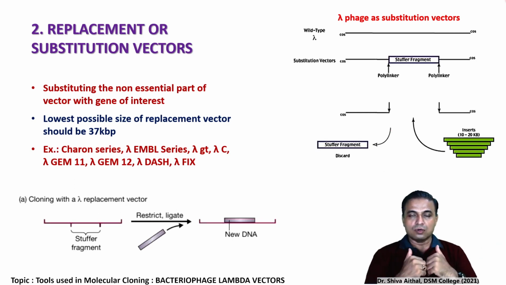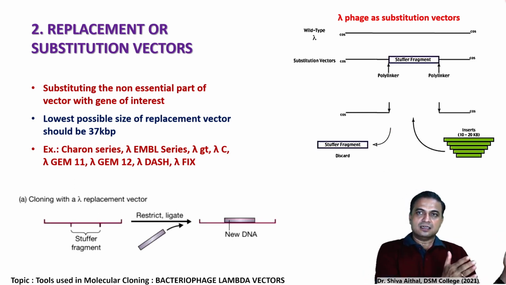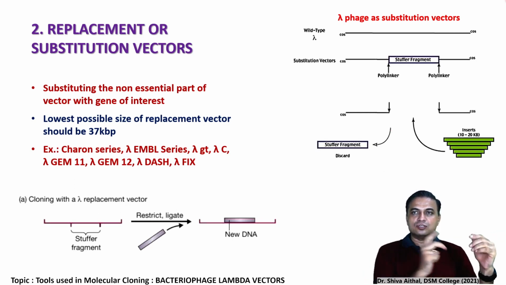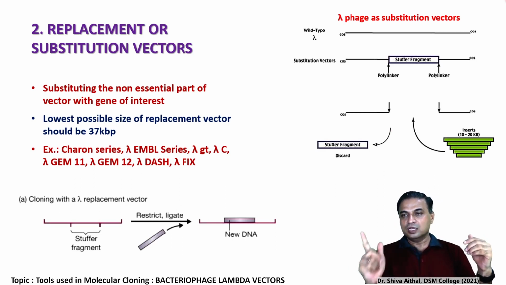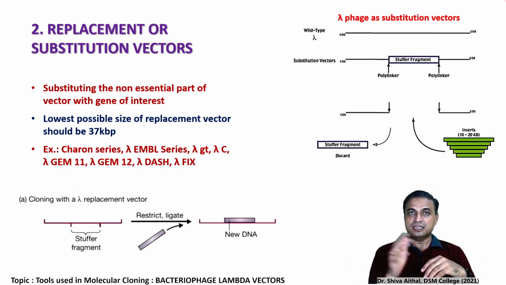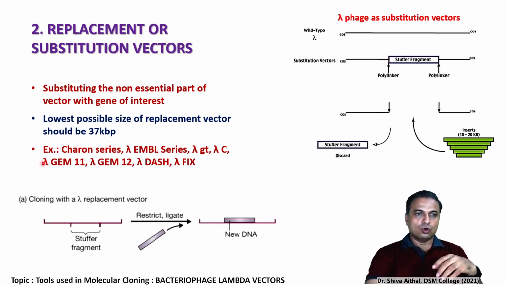So you go one step ahead. In the insertion vectors, you have 1 to 10 kb of gene of interest which can be inserted. Here it allows 10 to 20 kilobases of gene of interest to be inserted. These examples are the Charon series.